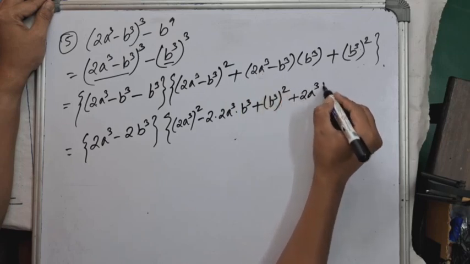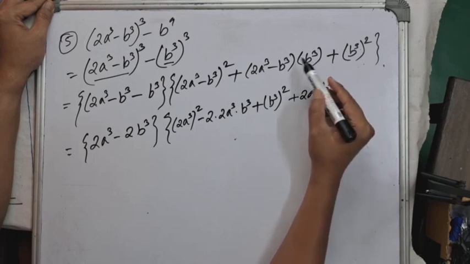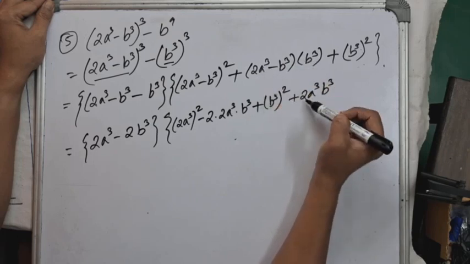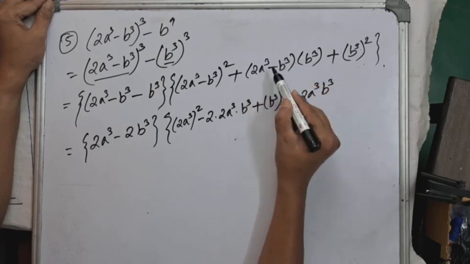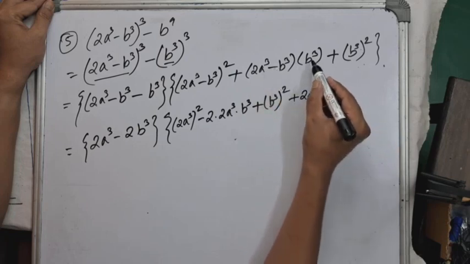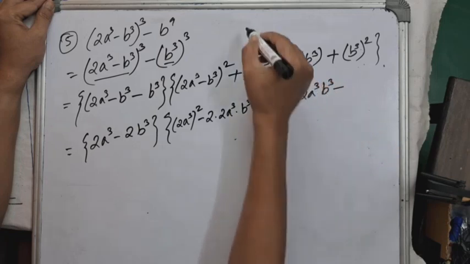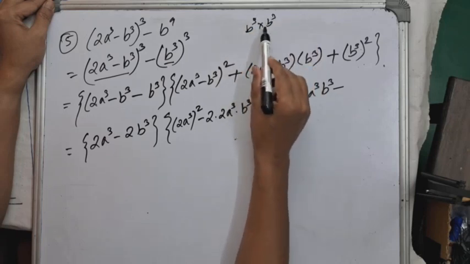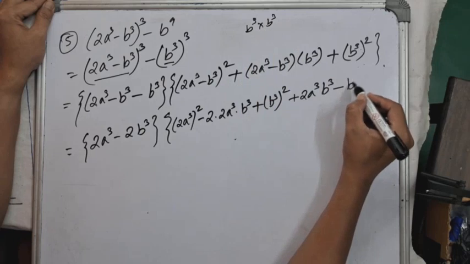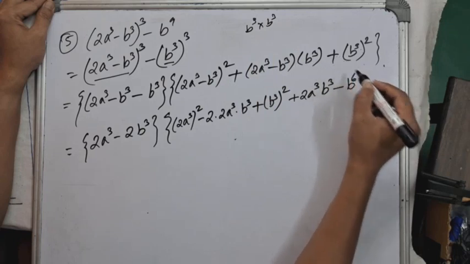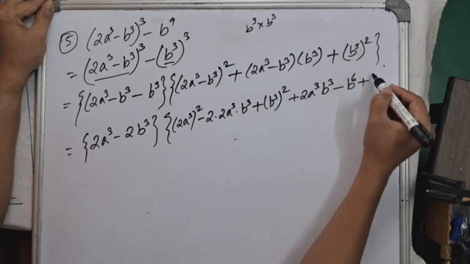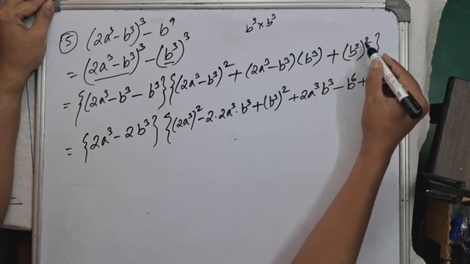We have to multiply because we have a bracket here. Plus into minus is minus b cubed into b cubed. Same base means power adds up, so b to the power 6. Plus b cubed whole square means 3 2s are 6, b to the power 6.